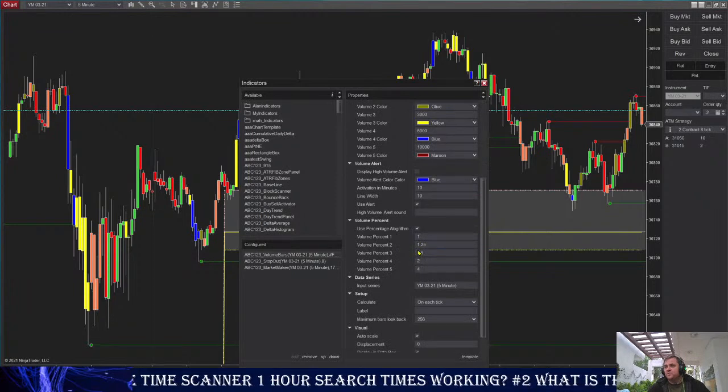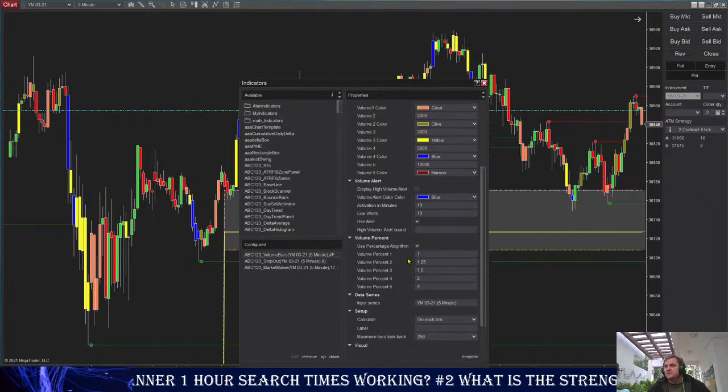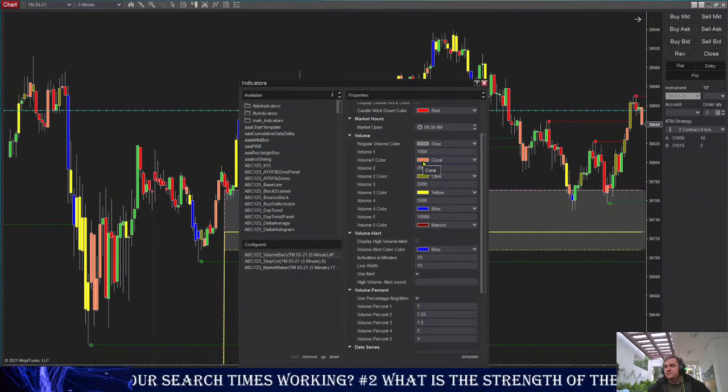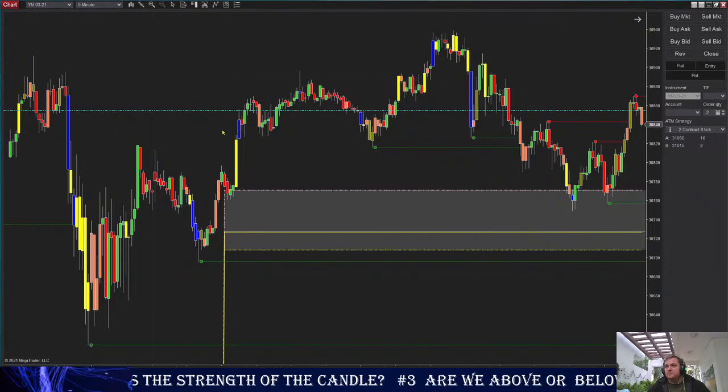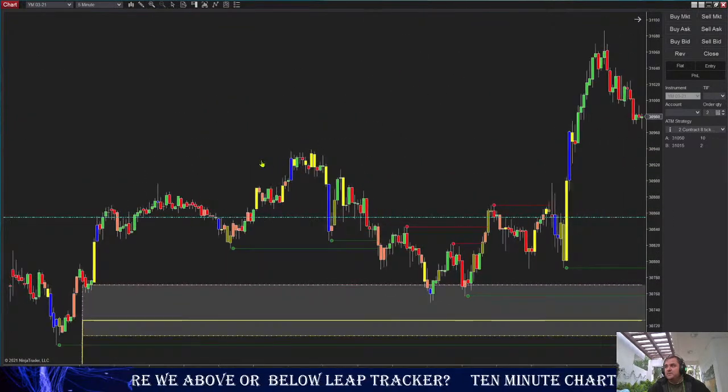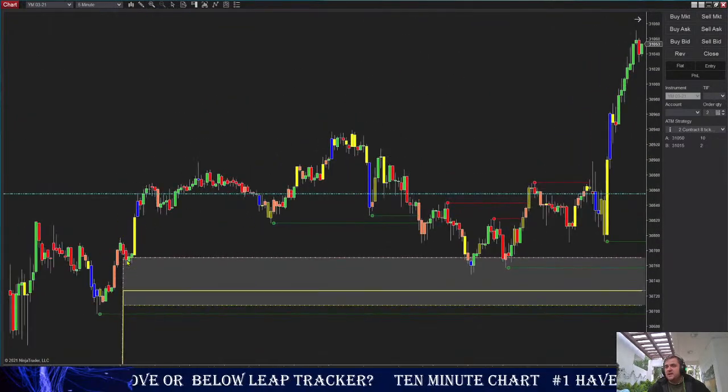See, 1, 1.25, 2, 4. So the colors will be beige, olive, yellow, blue, and then maroon. The higher the volume, we will change color. So blue is usually the main one. You could actually turn all the others off as long as you want blue and maroon. But once you start noticing a high volume candle bar, that's probably on this example why there was a line.